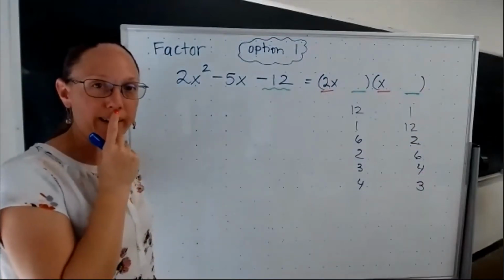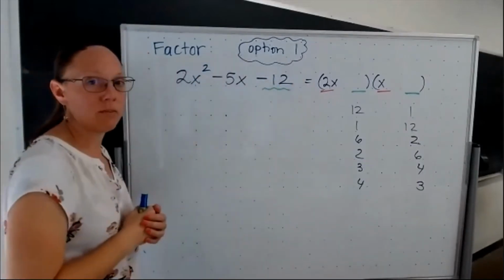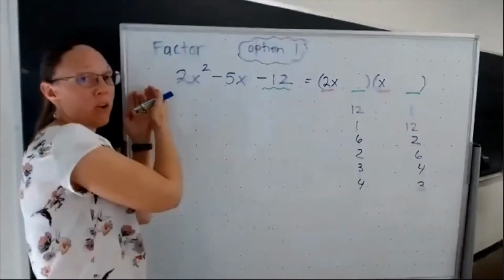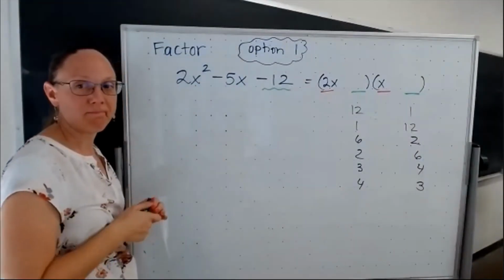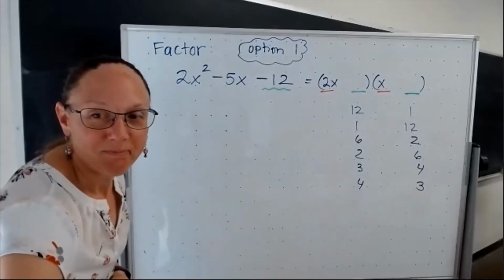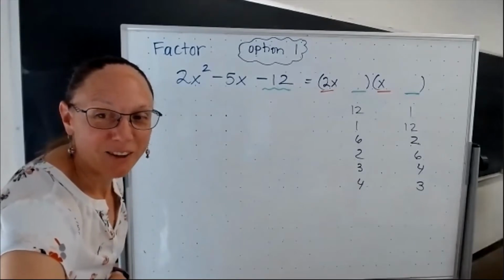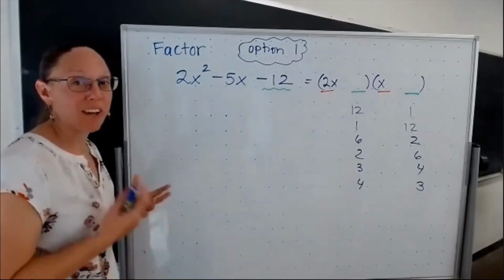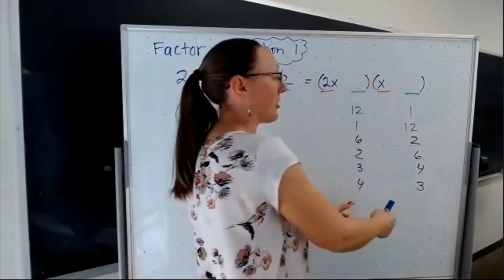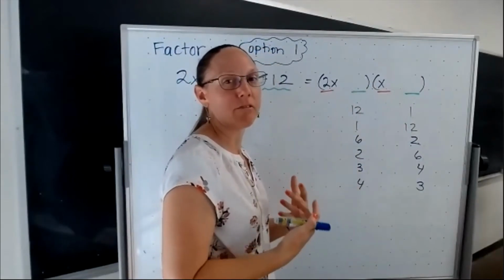Now here's the real trick. If I look at my original equation, is there any number that I can factor out of all of the terms? I'm going to go with a no. So if there is no number that I can factor out of all of the terms, then that means that when it's factored, there also shouldn't be any number that I could factor out.